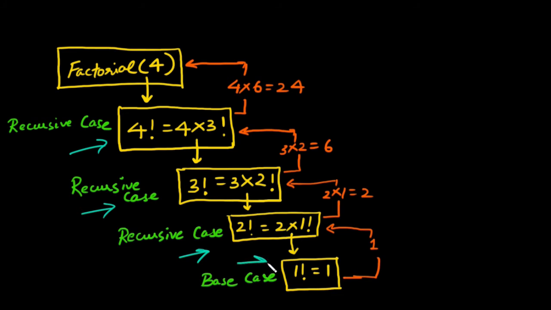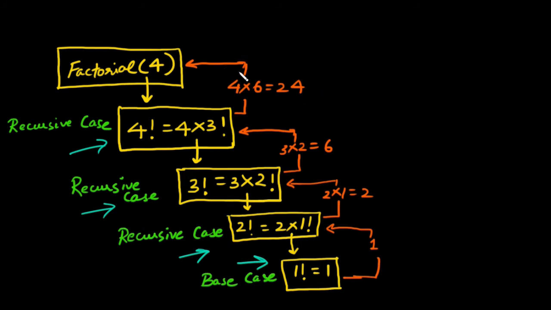Then we will return the value of 2 into 1 factorial, which is 2 into 1, which equals 2. Then we'll again return the value of 3 into 2 factorial, which is 3 into 2, which equals 6. Then we'll return the value of 4 into 3 factorial, which is 4 into 6, which equals 24.